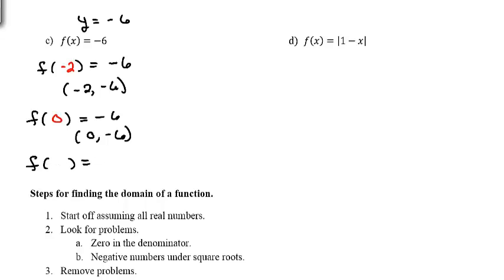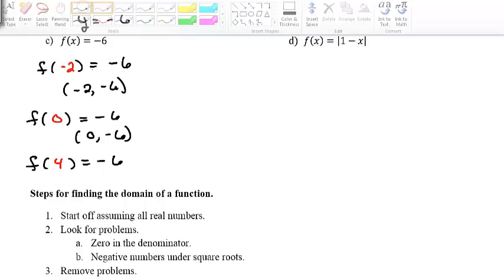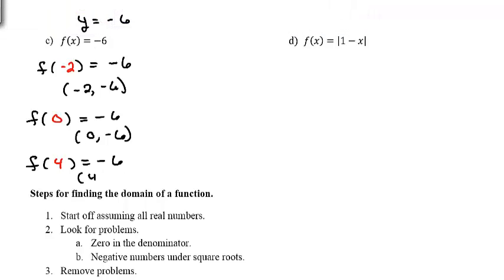So f of 4 is equal to negative 6. And the ordered pair that goes along with that is 4, negative 6. So again, no matter what x is, y is always going to be negative 6 for this function. Okay, this was a horizontal line.